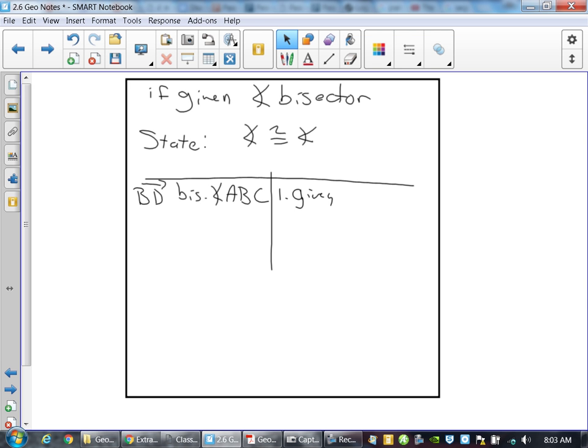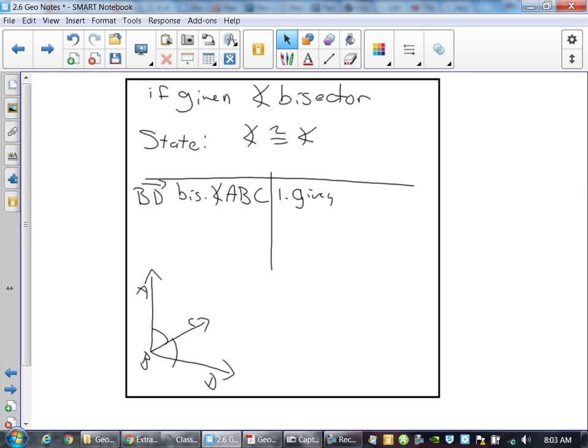So if I know that ray BD bisects angle ABC, if I know that happens, I know then I have a diagram that looks like this. I know that these two angles are going to be congruent to one another just from that statement.